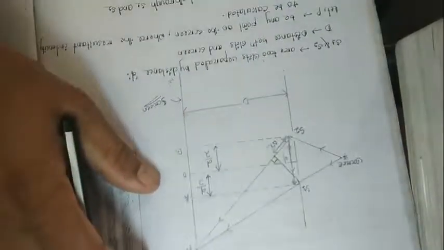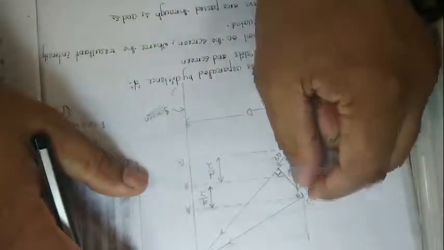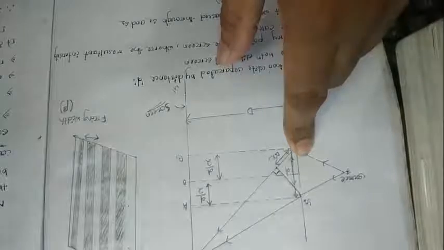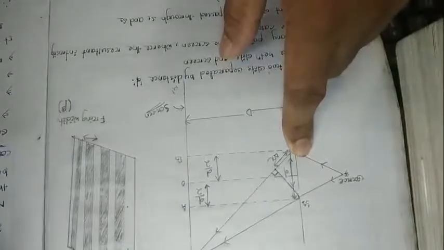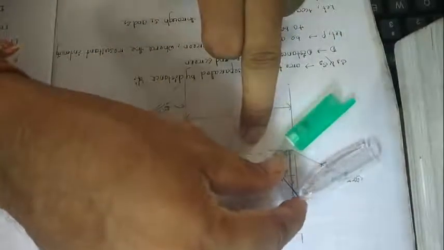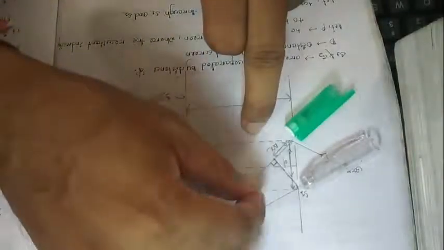Suppose we consider that at S1 one torch is there and S2 is another torch. So two torches give two waves. The resultant intensity at P will be due to the superimposition of this ray and this ray.